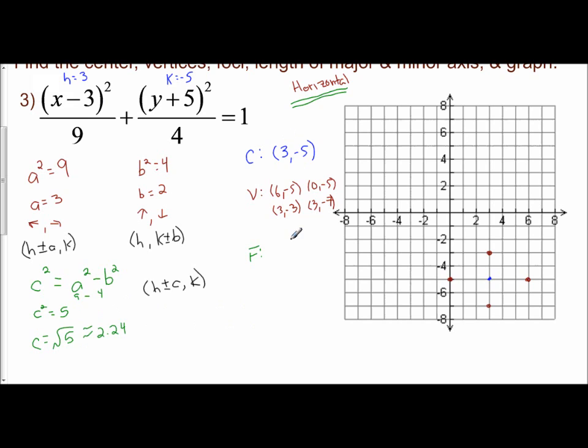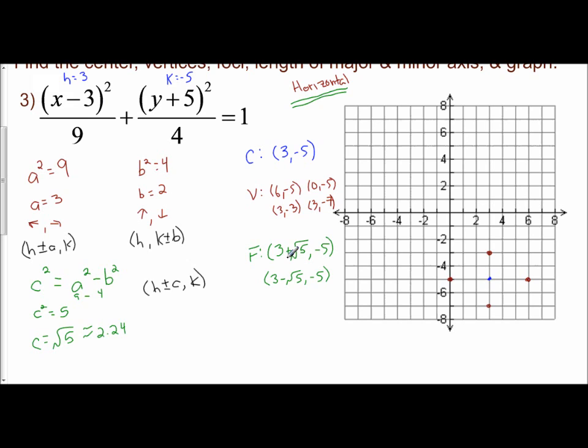So my h is 3. Then I would go to the right, so that's 3 plus radical 5, comma -5. And I would go to the left, negative radical 5. So I have 3 minus radical 5, comma -5. I prefer to write it in the radical form.